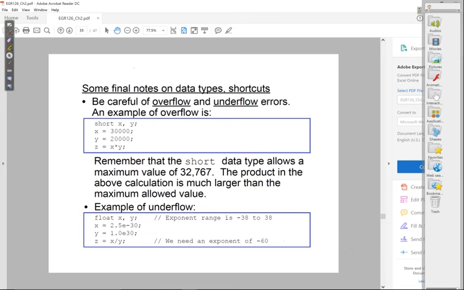All right, so let me see, is this important? Yeah, so just a quick note about this. When you declare things as integers and doubles, keep in mind the number of bits that you have available to you.